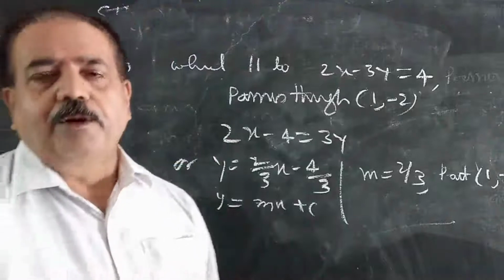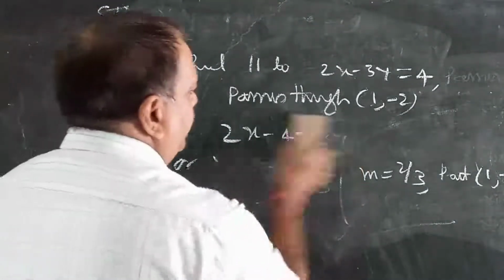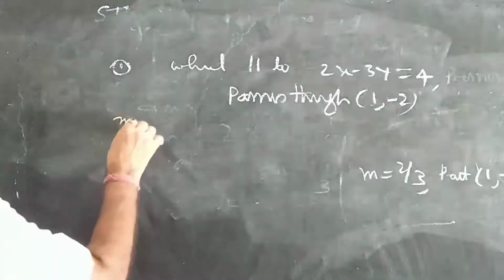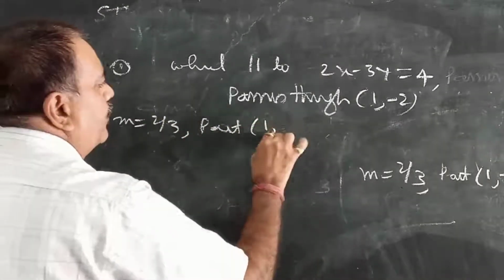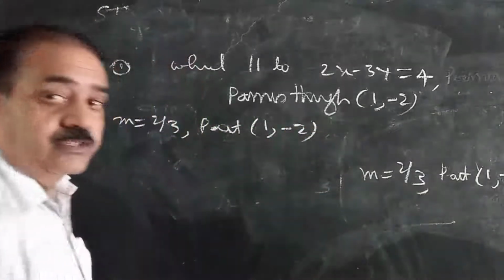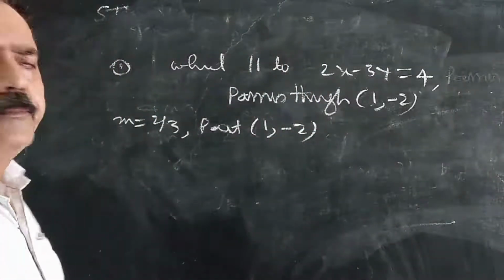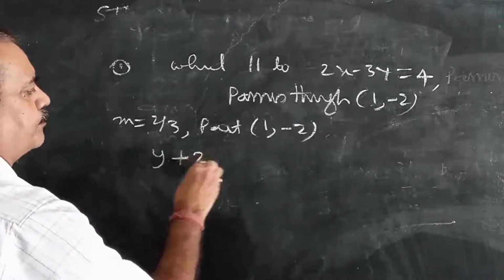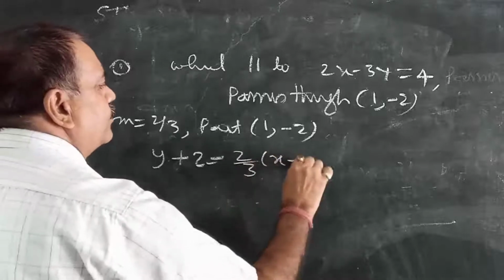Which form will we use? Slope m is 2 by 3 and one point given is 1, minus 2. We will use the point-slope form to find the equation of the line. Y plus 2 is equal to 2 by 3 into x minus 1.